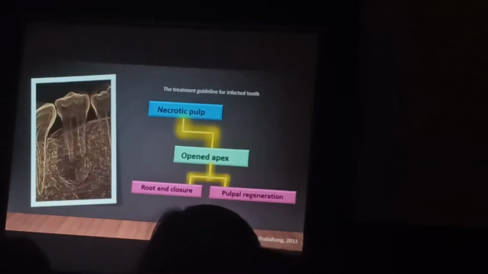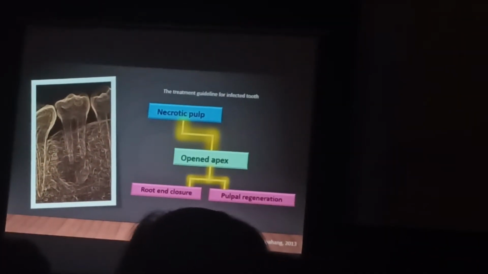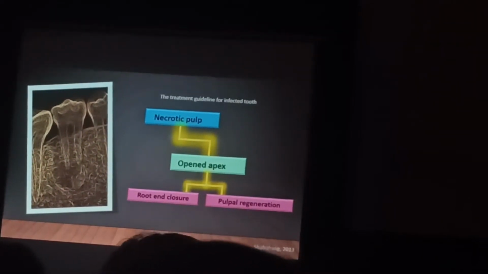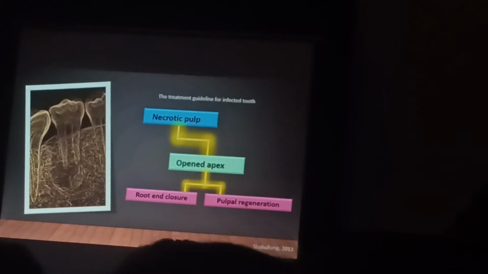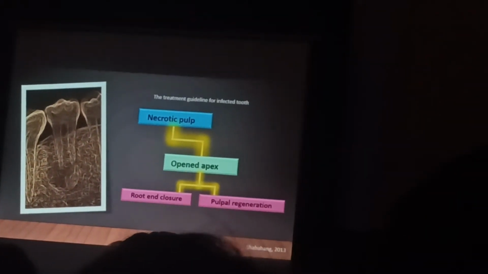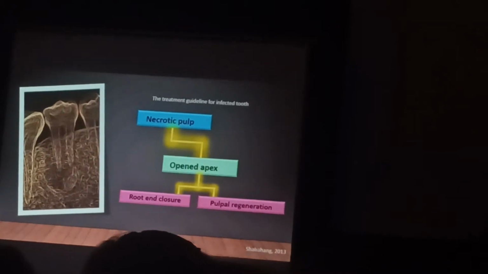There are some guidelines that introduce techniques to treat this kind of tooth with necrotic pulp. Normally there are two: the first one is the root end closure technique, and the other one is pulp regeneration.